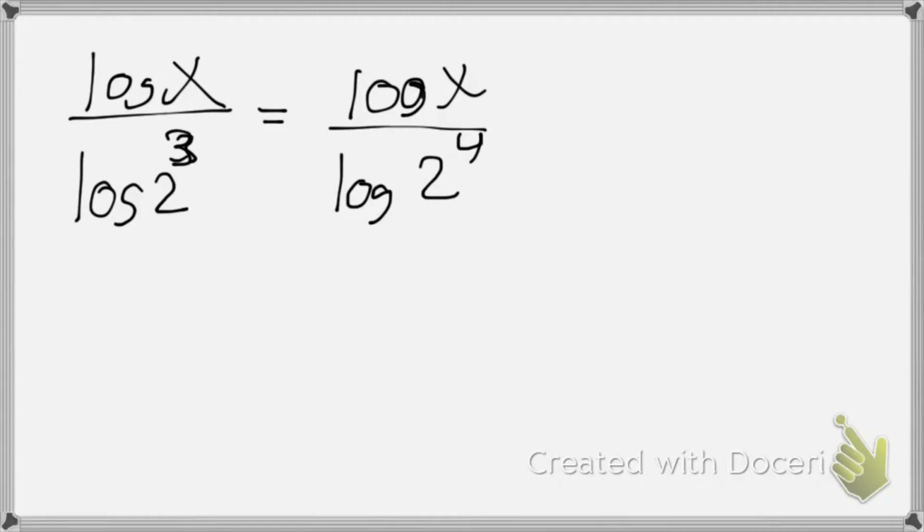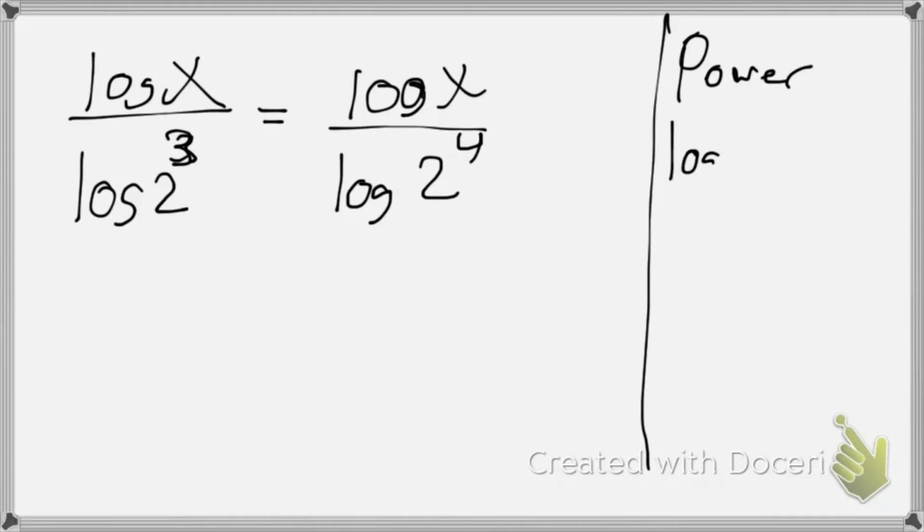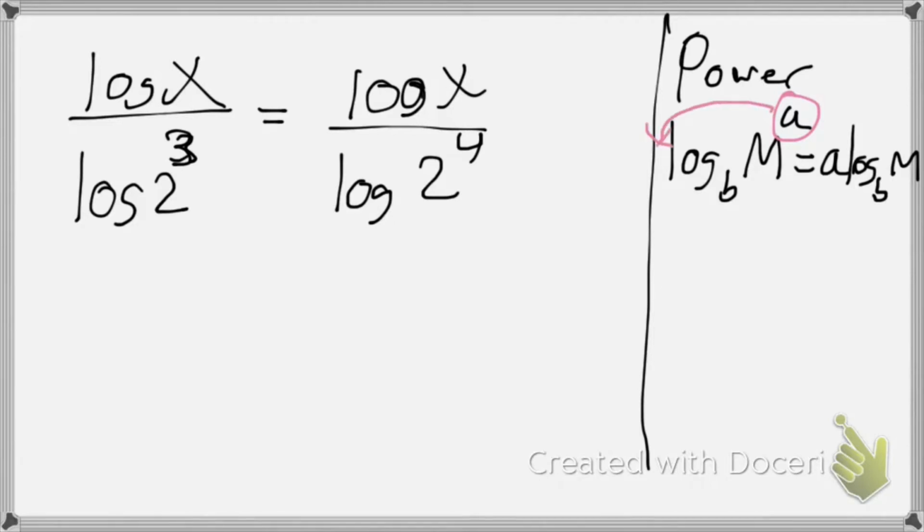Now there's another property that can help us over here, which is called the power property. It states that if you have, for example, log base b of m to the power of a, it can equal a times log base b of m. So this a can move from an exponent, from a power, all the way to becoming multiplied with the logarithmic function.